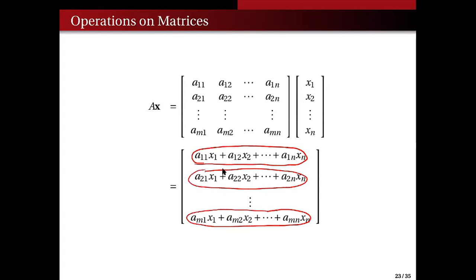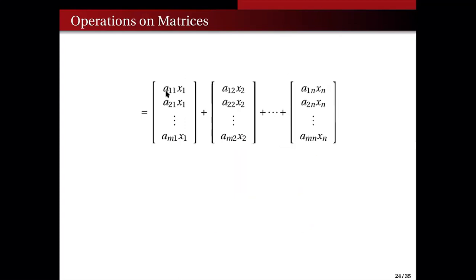Then you can separate the pluses in such a way that one column has only the x1, another column has only the x2, another only the x3, until the last column. So you will have a11x1, a21x1 until am1x1 as your first column.